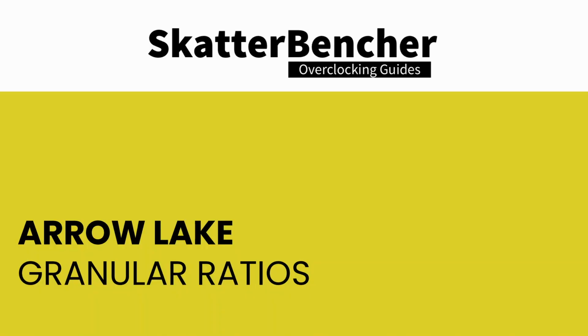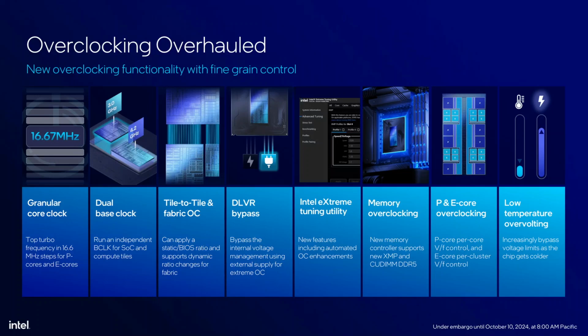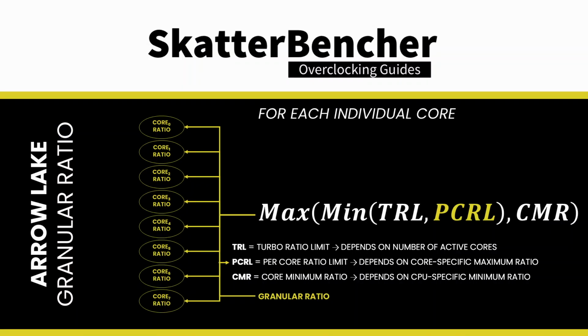Granular ratios are a brand new overclocking feature for Arrow Lake. It adjusts the per core ratio limit by letting you set the CPU frequency in steps of 16.67 and 33.33 MHz. The granular ratios can only be configured in reference to the per core ratio limit, not as a turbo ratio limit.